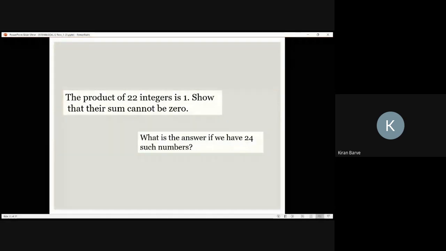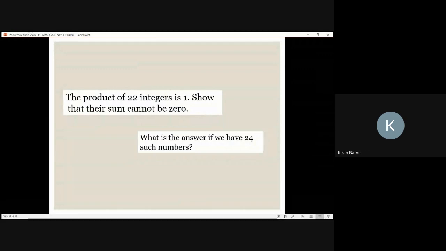The product is 1 of integers. Can there be 2? No. But how are they now?